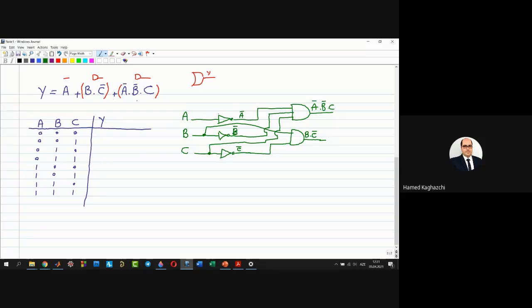Now, suppose that this is this output, this is this output, and also I have A, and I OR all of them.